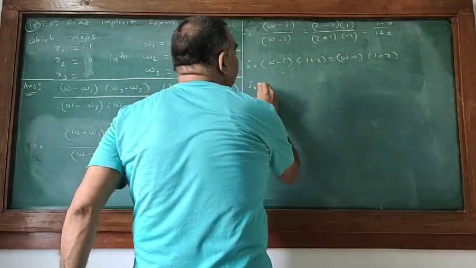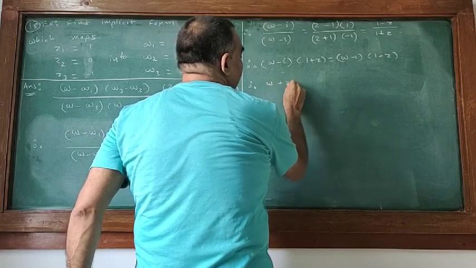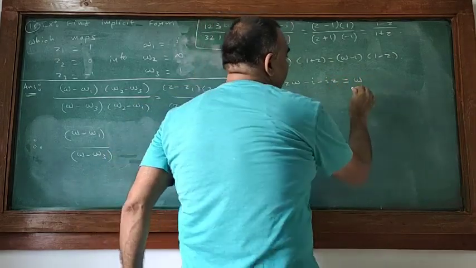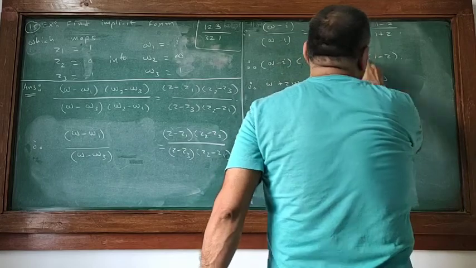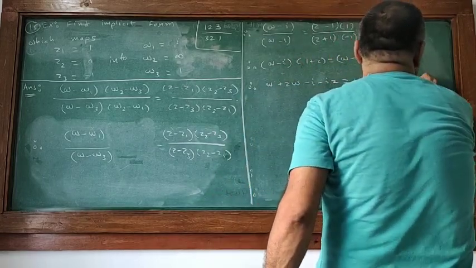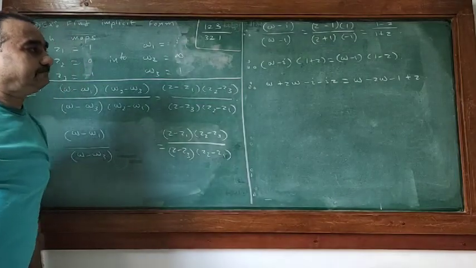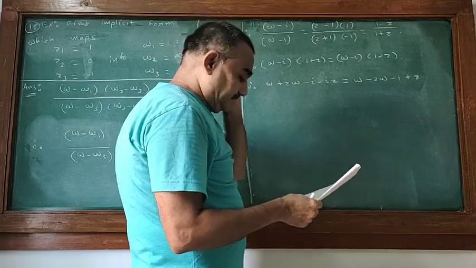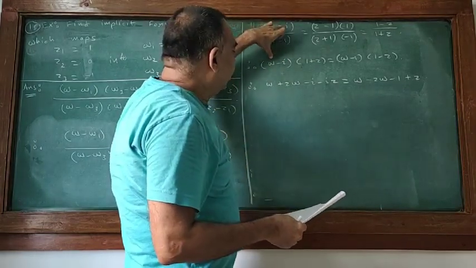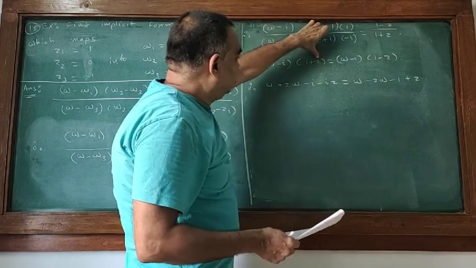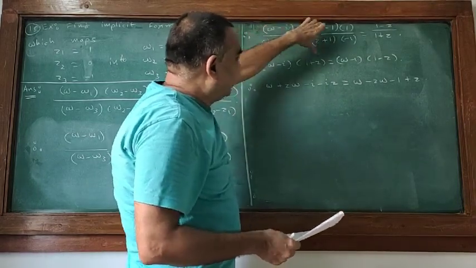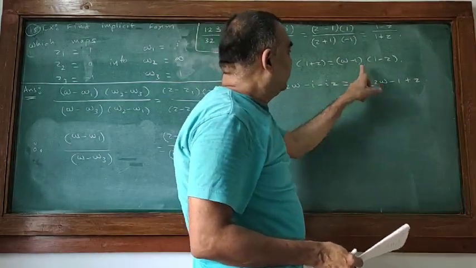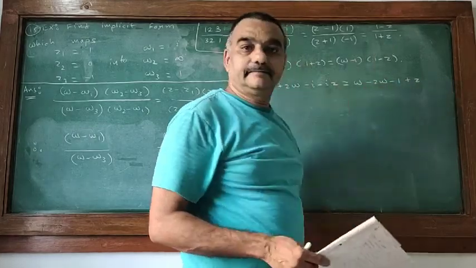Therefore omega plus z omega minus i minus iz is omega minus z omega minus 1 plus z.